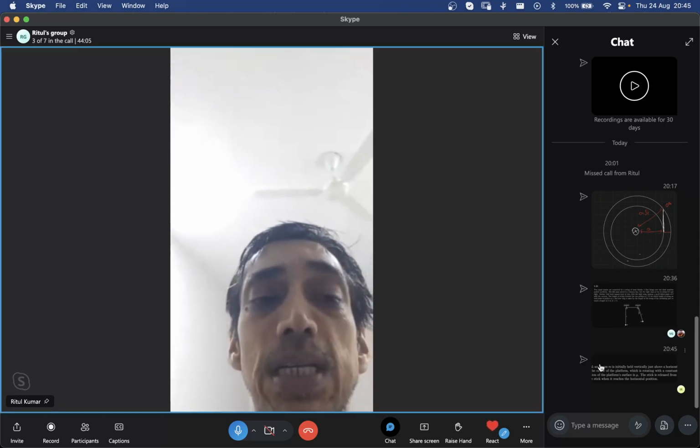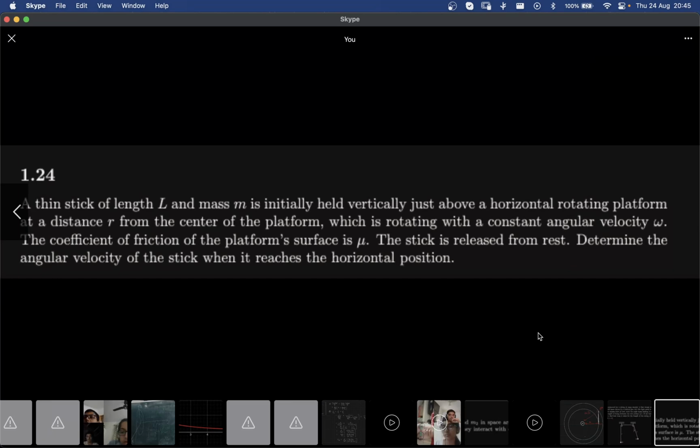A thick stick of length L and mass M is initially held vertically, just above the horizontal rotating platform, at a distance r from the center of the platform, which is rotating with constant angular velocity omega.